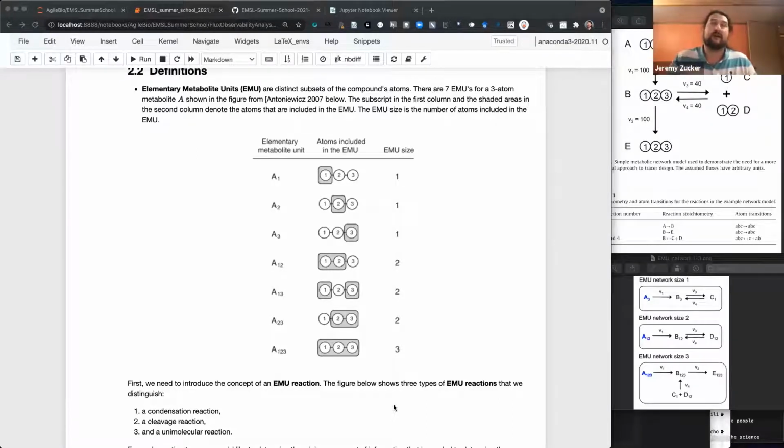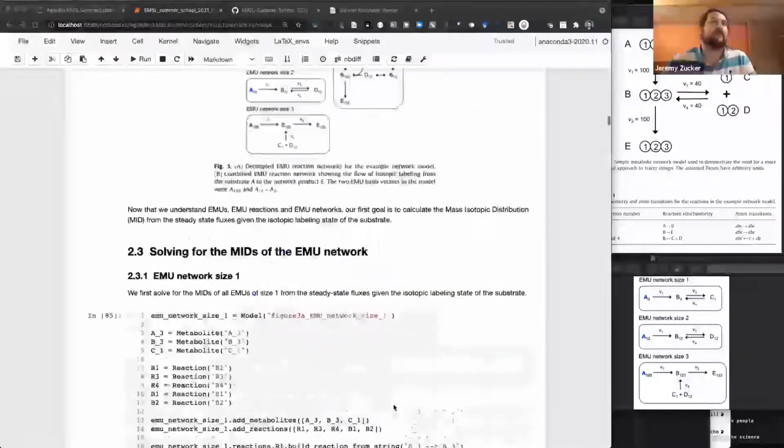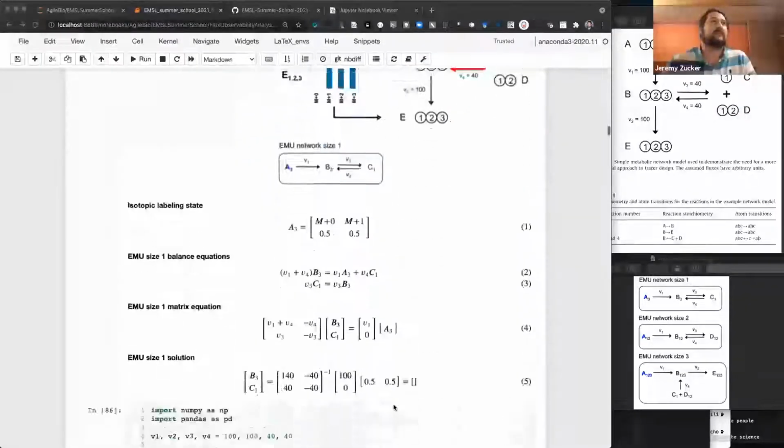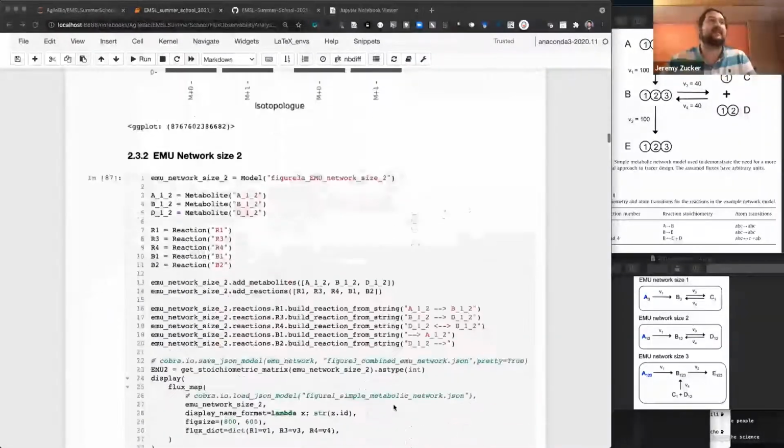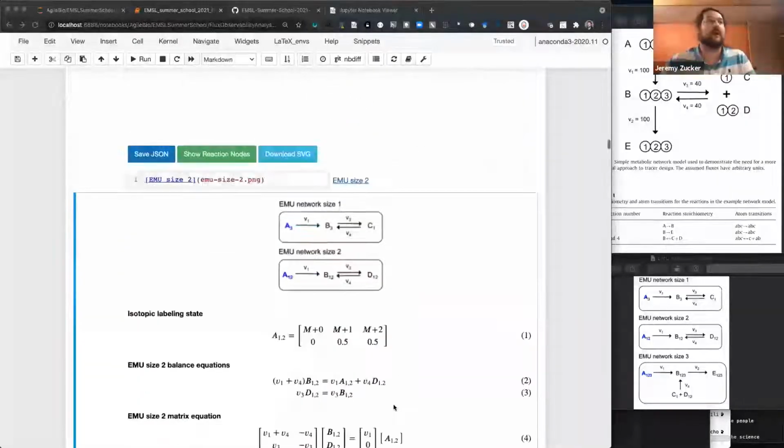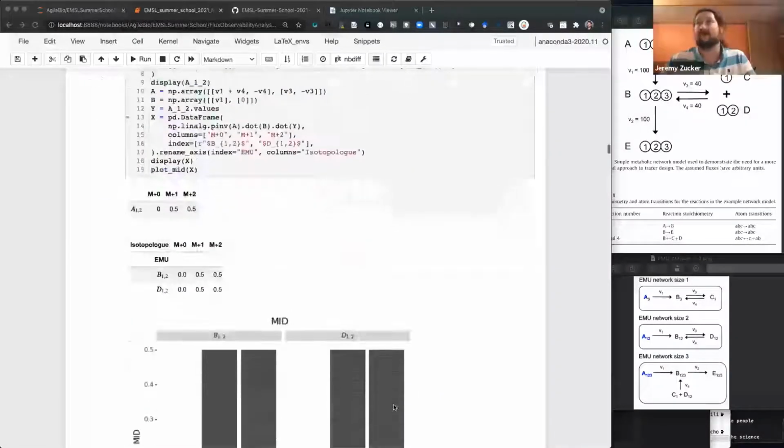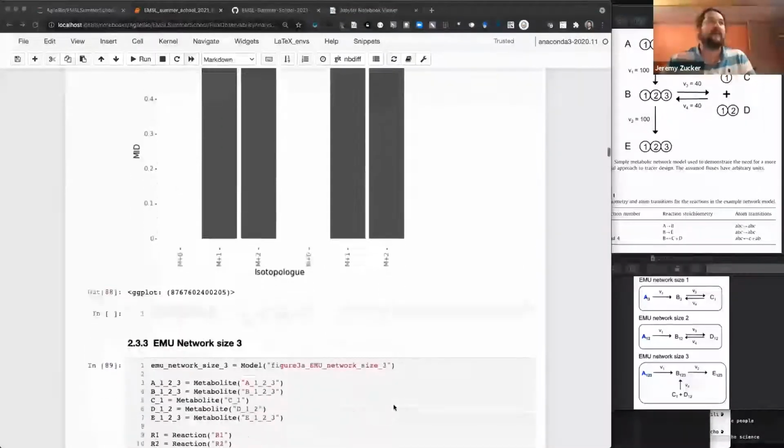But in general, if you were to do it exactly the way that I've described it, it would not work at the genome scale because there are just too many EMUs. So this is generally limited to central metabolism without adding a bit more sophistication.